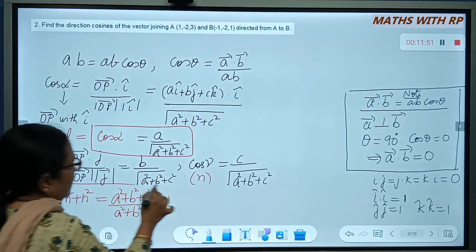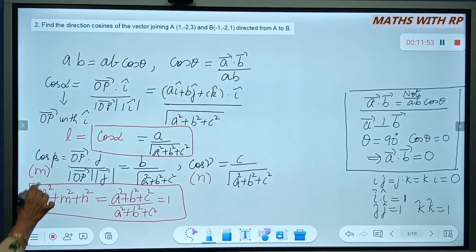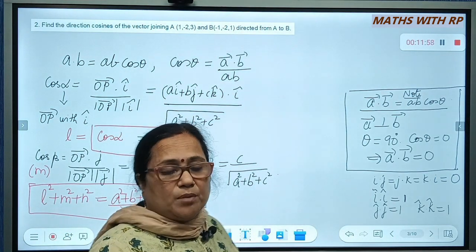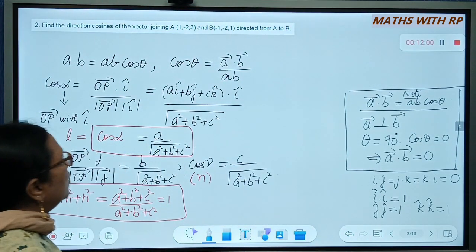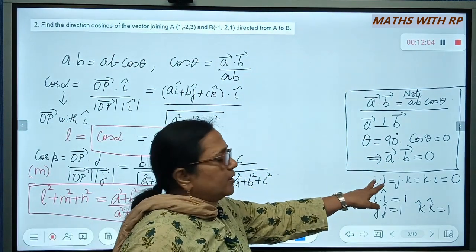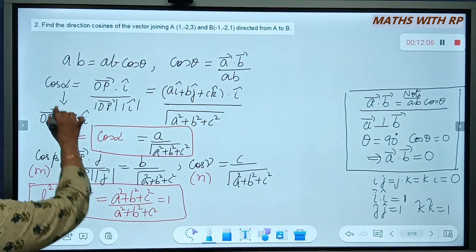So this is again a very important property. l, m, n are called direction cosines, and l square plus m square plus n square is always equal to 1. So I hope you have understood what is dot product and how to find direction cosines.